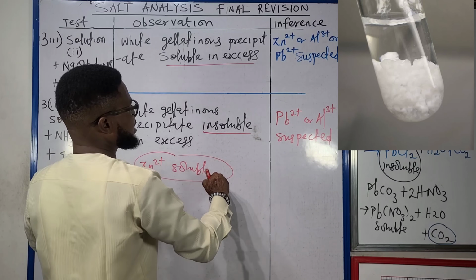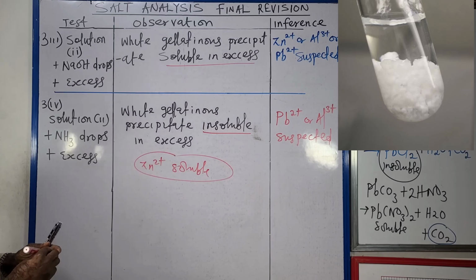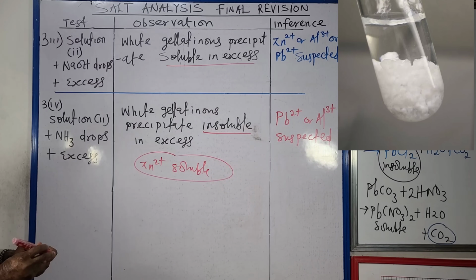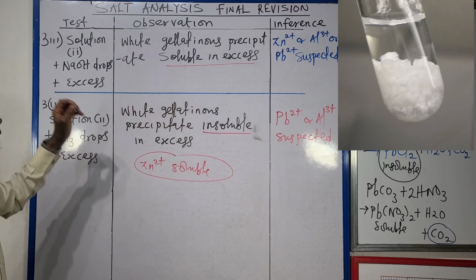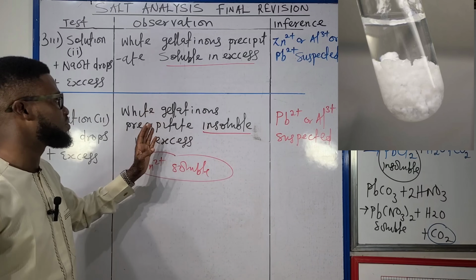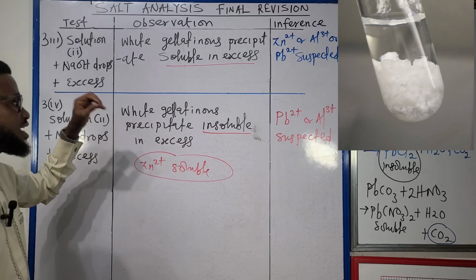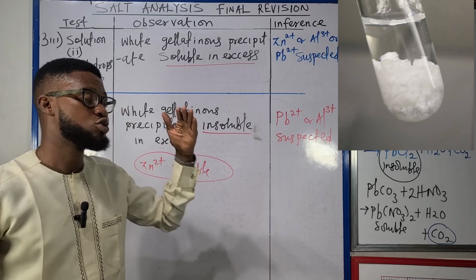That is why zinc is ruled out when we use aqueous ammonia. But in the case of lead and aluminum, both precipitates will not be soluble in excess. So since when we tested with aqueous ammonia we ended up with a precipitate which was not soluble in excess aqueous ammonia, lead or aluminum is suspected here.